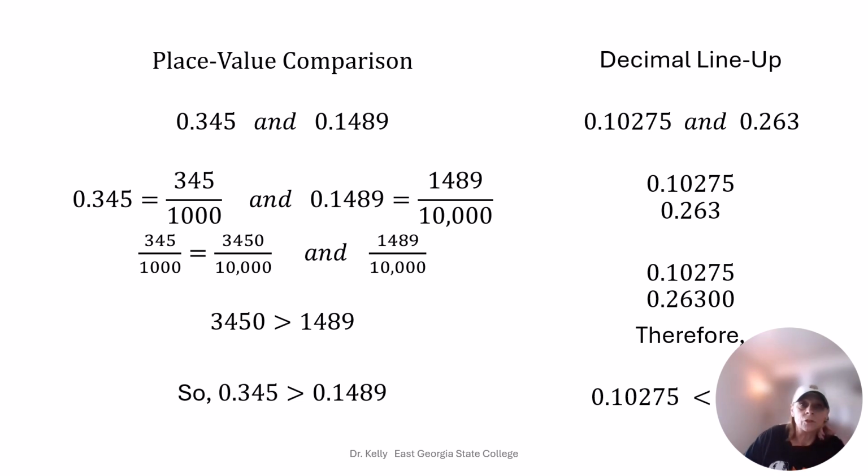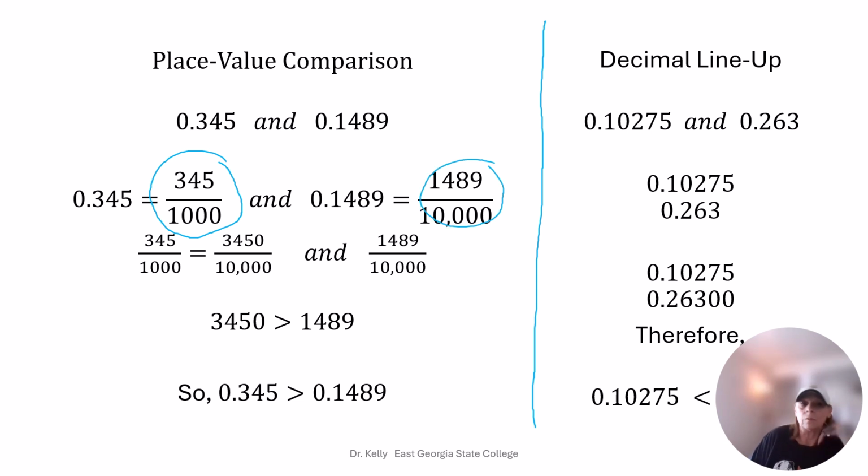So let's do another place value comparison here. We're dealing with 345 thousandths and 1,489 10,000ths. Okay, so first we're going to convert to fraction so we can compare them.